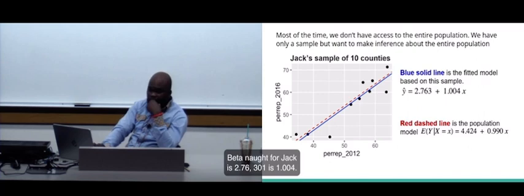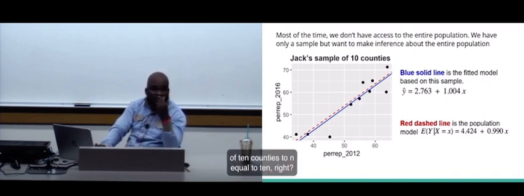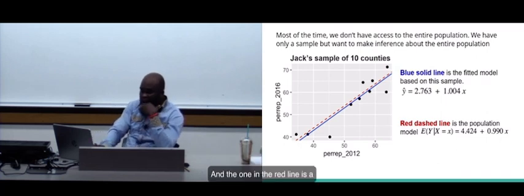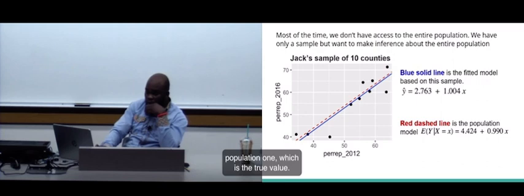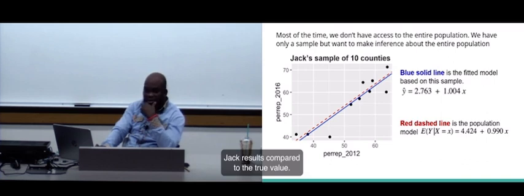The beta 1 is 1.004. He took a sample of 10 counties, n equal to 10, right? And the one in the red line is the population one, which is the true value. Now you can see the deviation of Jack's result compared to the true value. Okay, and that's what we have.